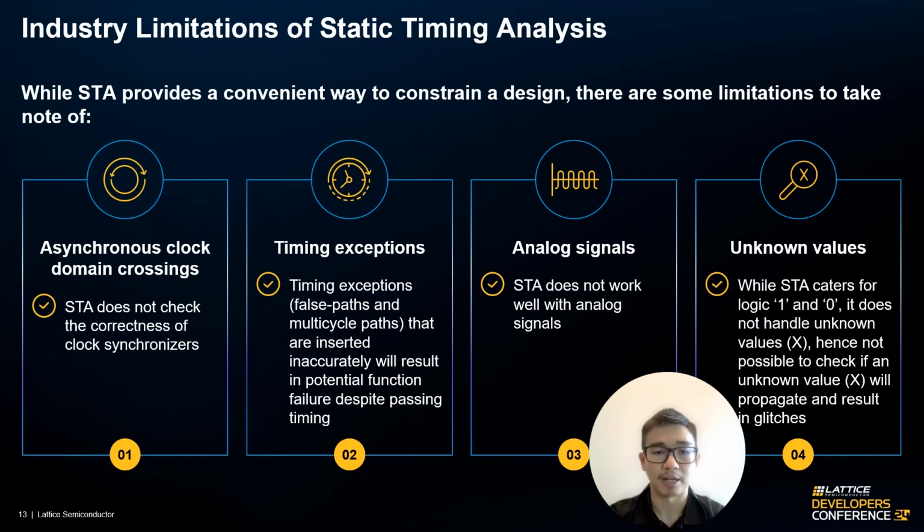Finally, STA might not be ideal for unknown values. In digital circuits, X often represents an unknown state and can complicate timing analysis because it introduces uncertainty into the signal values. When X is present, timing analysis may yield uncertain results, leading to potential false timing violations or missed critical paths.